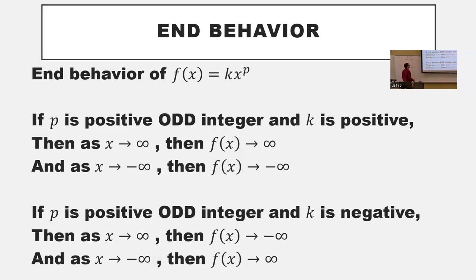Now, if we have positive odd integers for our powers, then we get that shape where we go from lower left to upper right. So as you're moving towards the right, your y values are growing, shooting off towards infinity. As you're moving towards the left, then your y values are going down towards negative infinity.